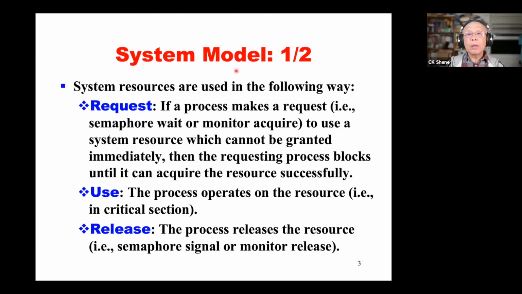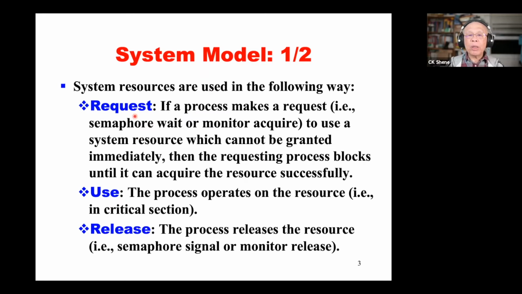The first thing for analyzing deadlock is the system model. So we assume that the system resources are used in the following way. The first is we make a request, then use it, and finally release it.